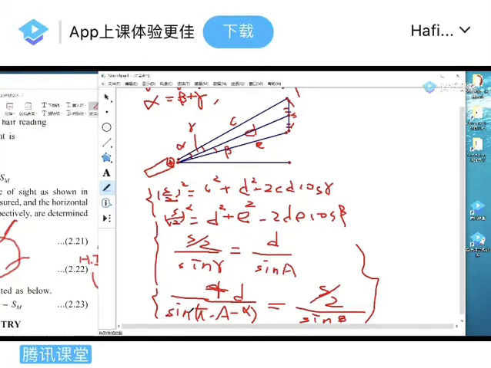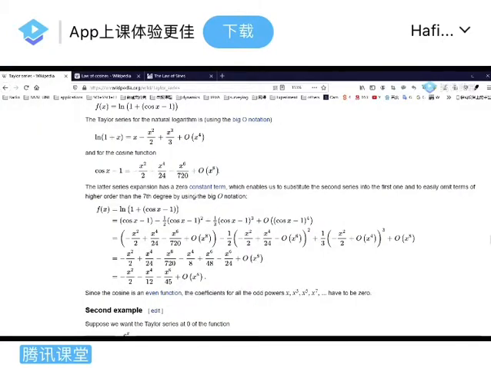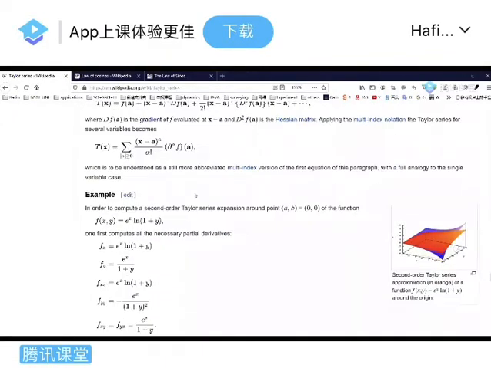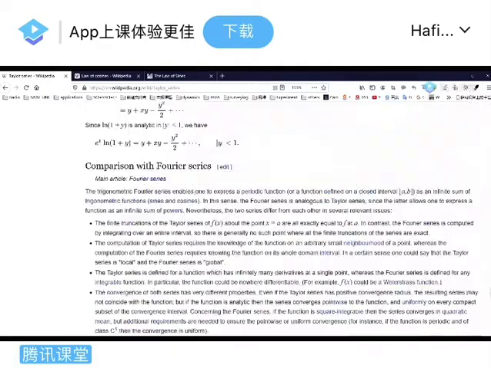So sine A divided by this one will equal one number. And the sine A could be approximated by a polynomial. We previously talked about this, the sine function.